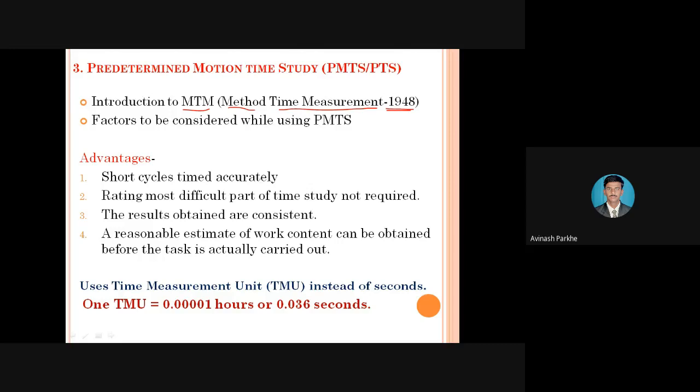So what is the meaning of predetermined motion time study? Before starting your activity, we have to analyze how much time is required to complete this particular task. Like that, we make such observations in our day-to-day application. For example, if I have to go to Solapur from Pandharpur, what do we decide in our mind?